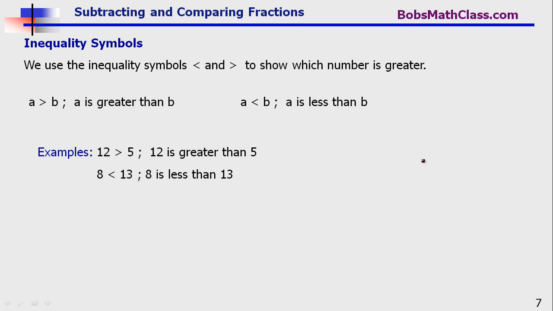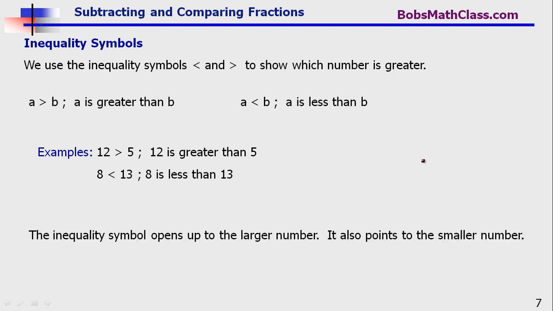The top row is saying 12 is greater than 5, and the bottom row is saying 8 is less than 13. So the inequality symbol always opens up to the larger number. You could also say it points to the smaller number. I kind of like to say it opens up to the larger number.